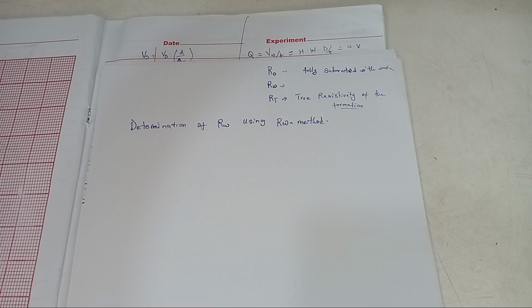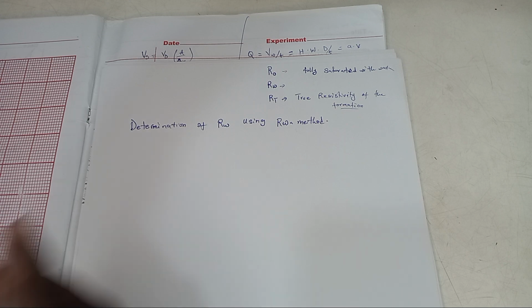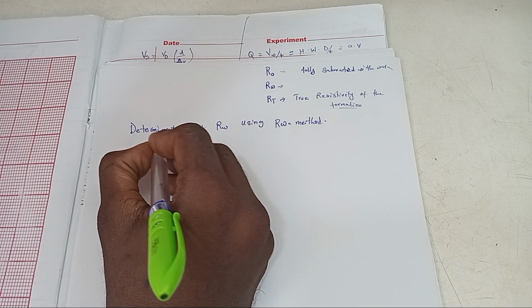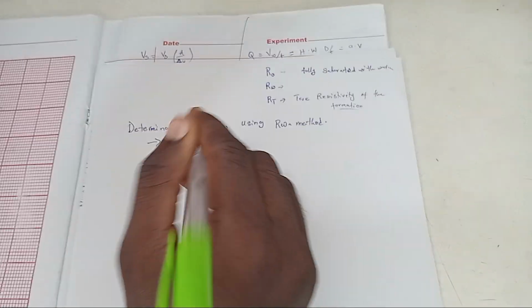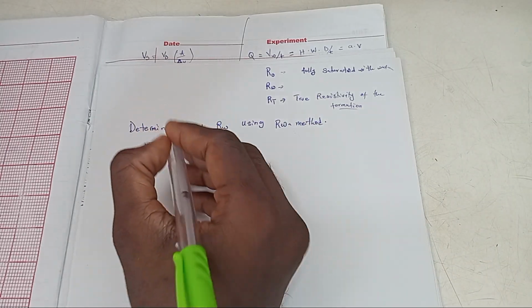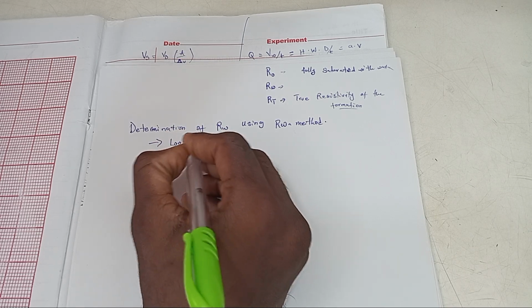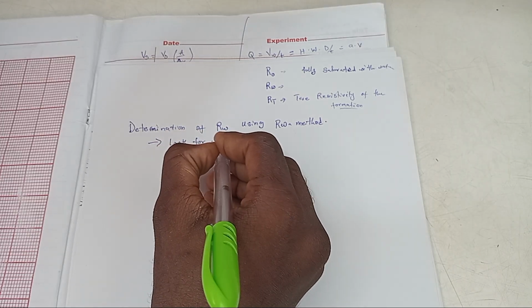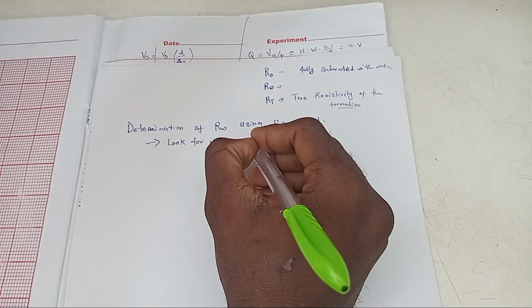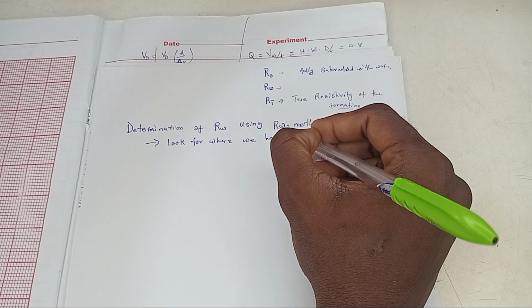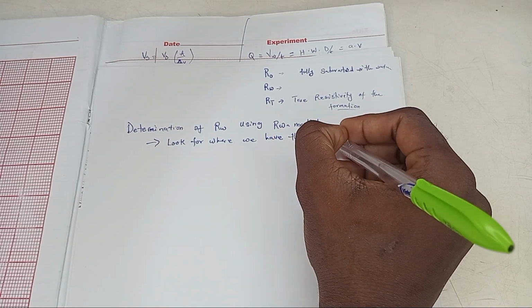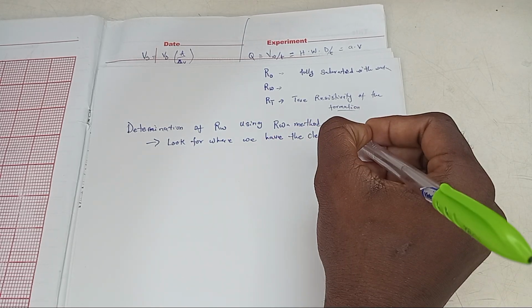The first thing to note, if you want to solve this question and find RW, the resistivity of water, is that you look for where we have the cleanest sand. Look for where we have the cleanest sand.